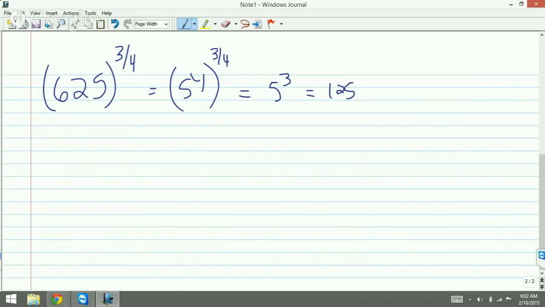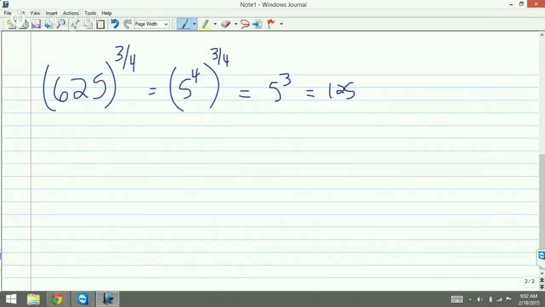Yeah, an exponent to an exponent. Remember yesterday? Multiply them. 4 times 3/4 is 3.